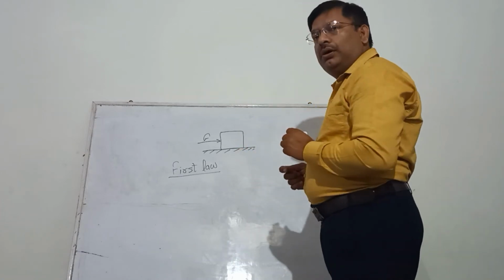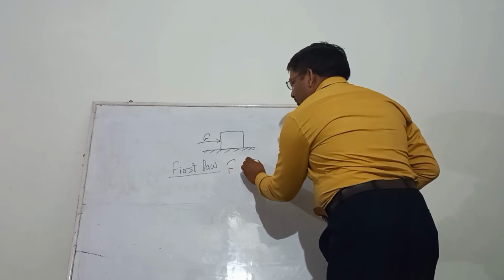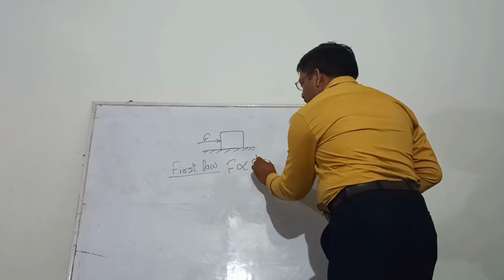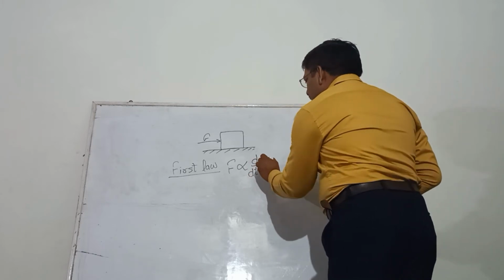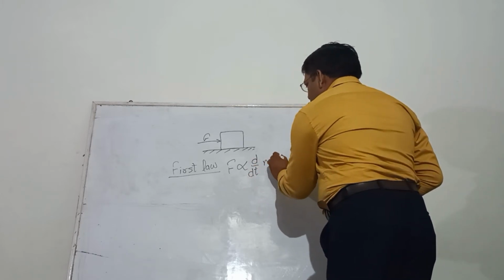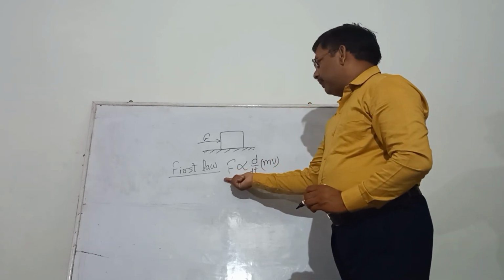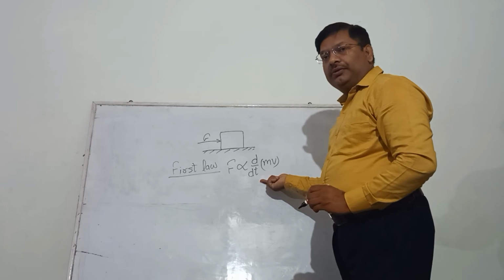So according to the second law, force is directly proportional to rate of change. When we say rate of change, we mean d over dt of momentum, that is mv. Applied force is directly proportional to rate of change of momentum.